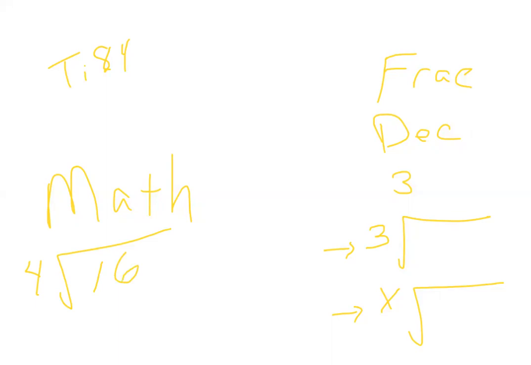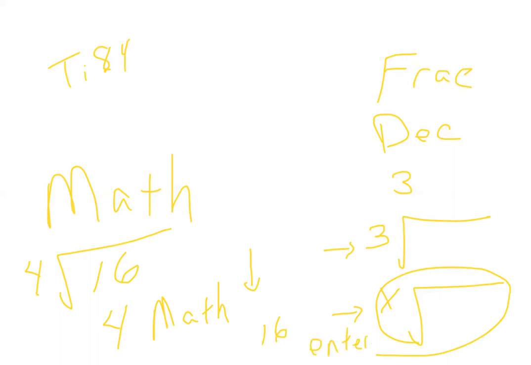You would hit 4, math, arrow down to this, then type 16, and then enter. That should tell you 2. But all you're doing is activating other operations inside the calculator on the TI-30s and the TI-84s. Okay?